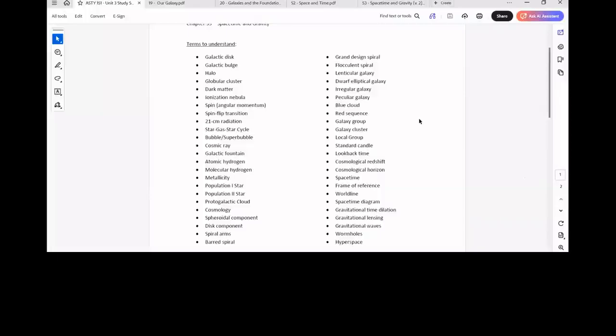Blue cloud and red sequence refer to sections on the HR diagram for galaxies. When we categorized stars in Unit 2, we found that we could plot them on an HR diagram based on their surface temperatures, which is just another way of saying color, and their luminosities. That's just another way of saying absolute magnitude.